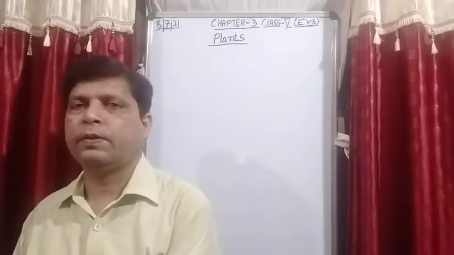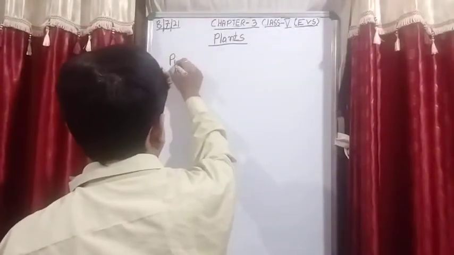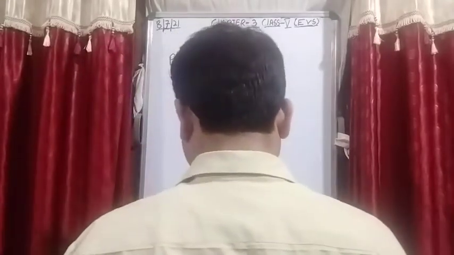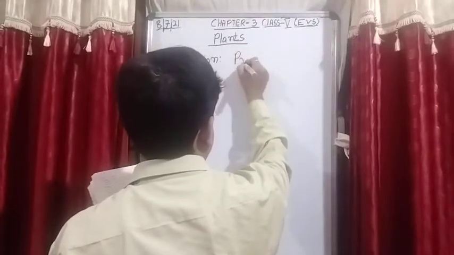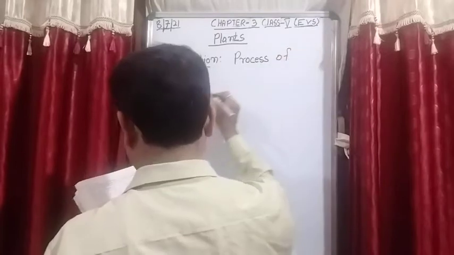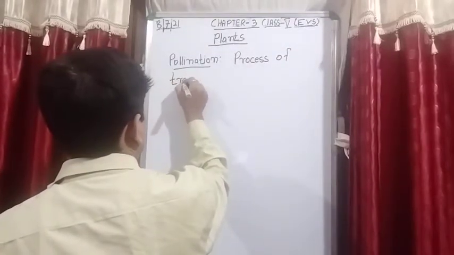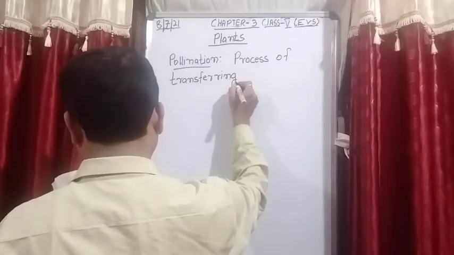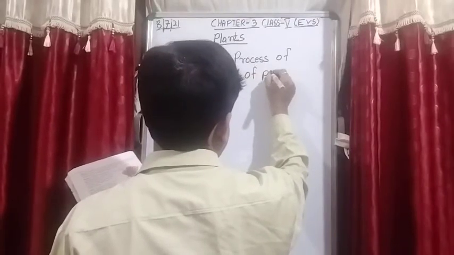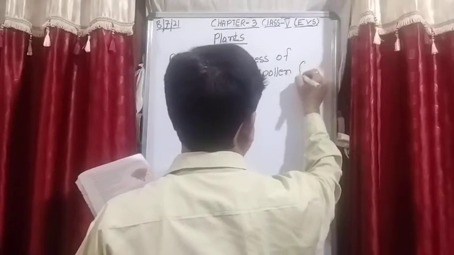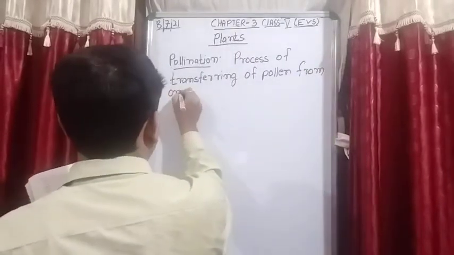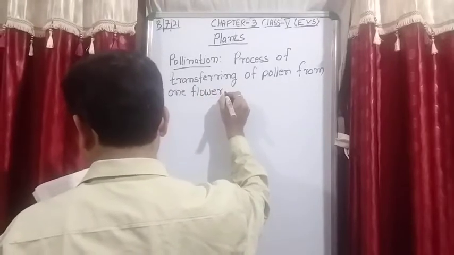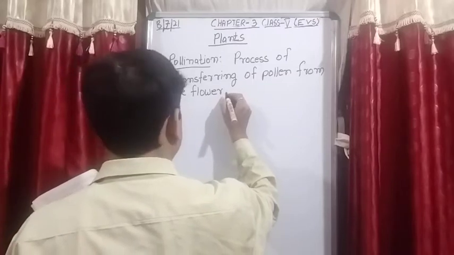Pollination is the process of transferring pollen from one flower to another.